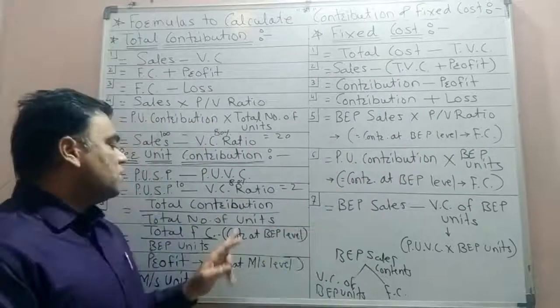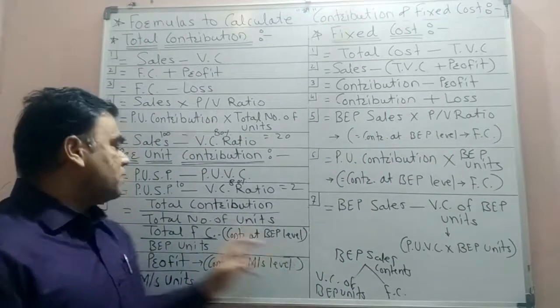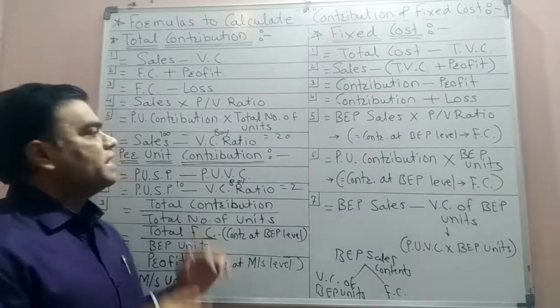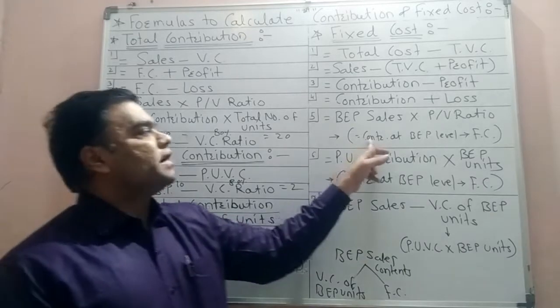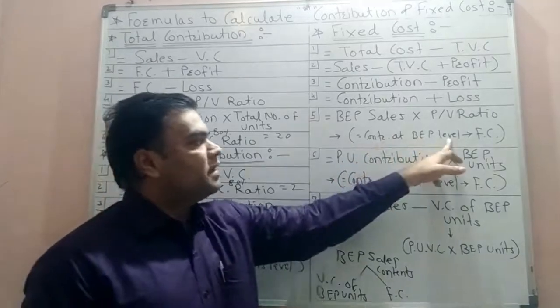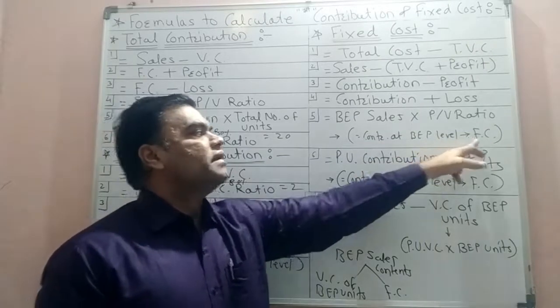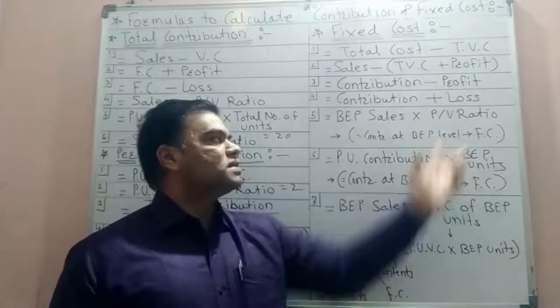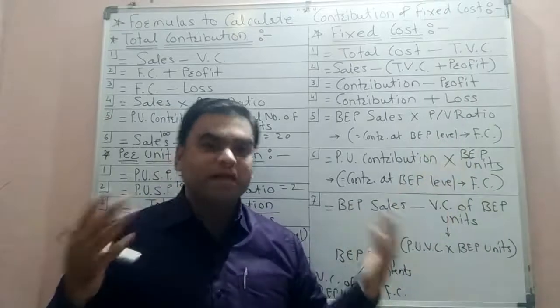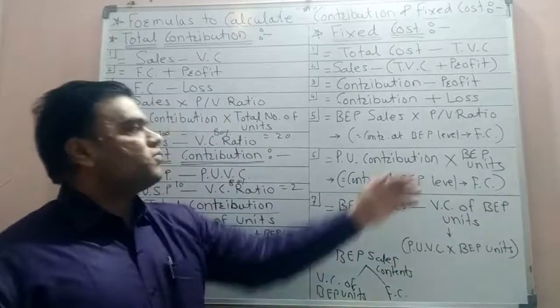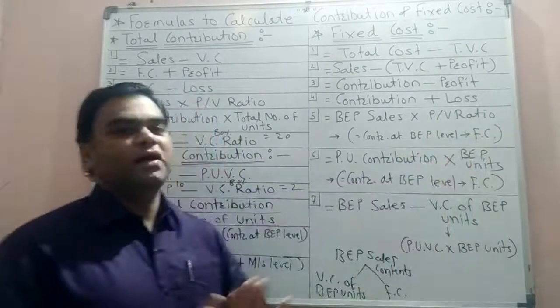And as we know, the contribution at BEP level amount and the amount of total fixed cost are the same. So if you calculate contribution at BEP level, it means you have calculated fixed cost also, because these two figures are always equal. In that way the fixed cost amount gets calculated automatically.